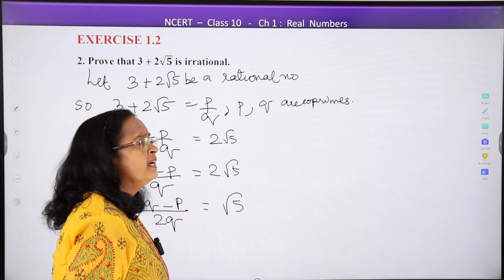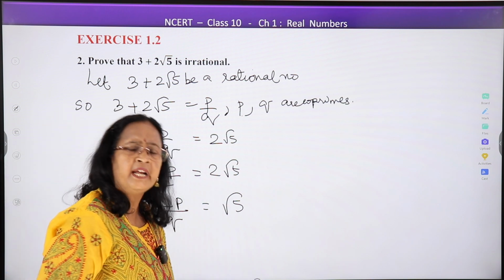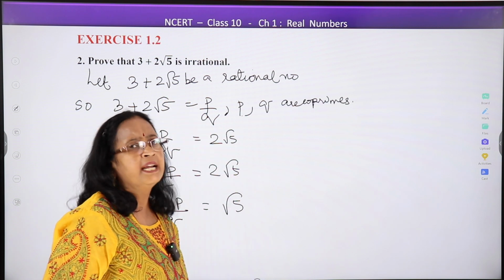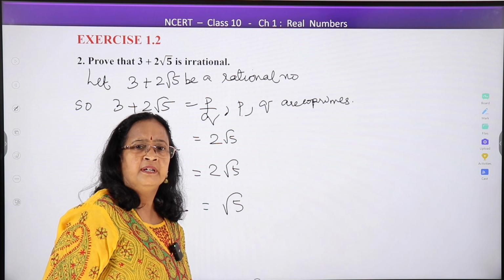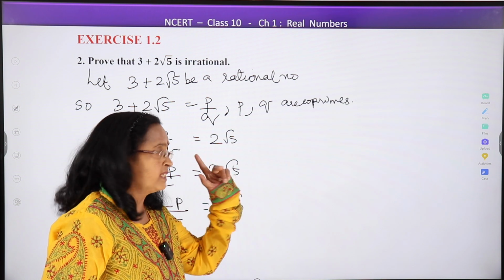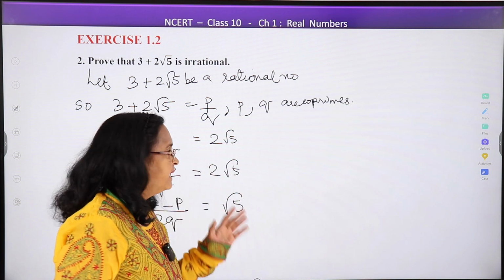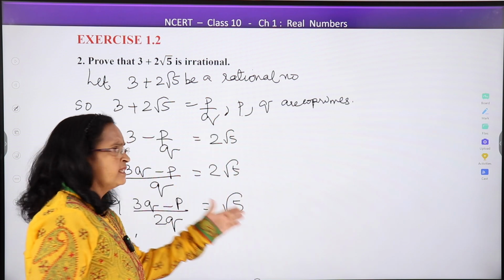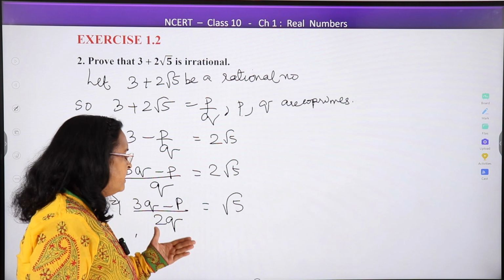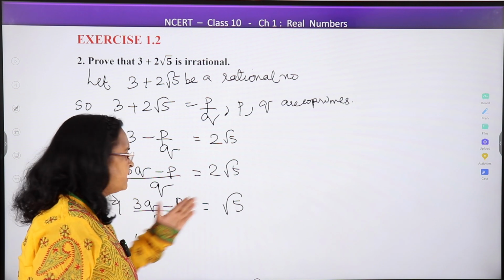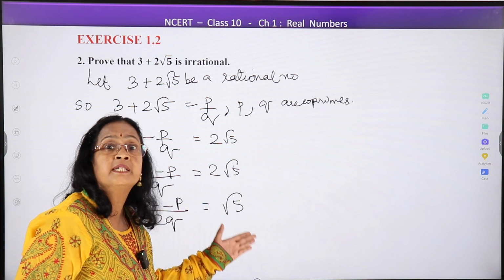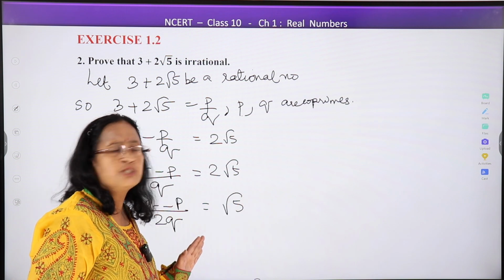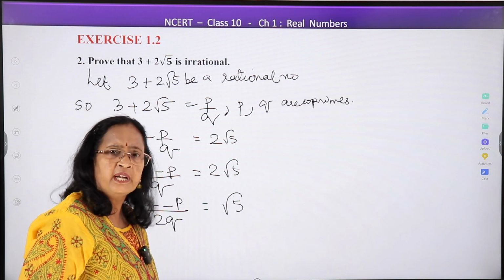As I told you earlier, for such questions, definitely it will be mentioned that root 5 is an irrational number. It is of 2 marks. You will simply show this is rational and this is irrational. If this is rational, then it should be rational, but it is given it is irrational. So this is also irrational. So our question is also irrational.